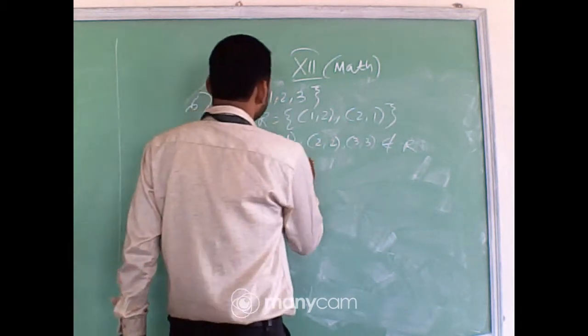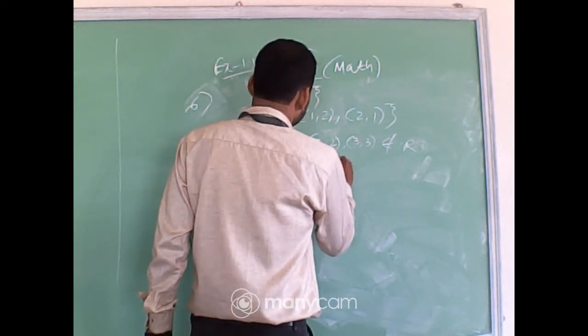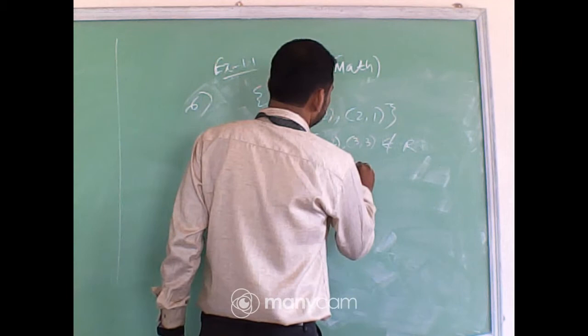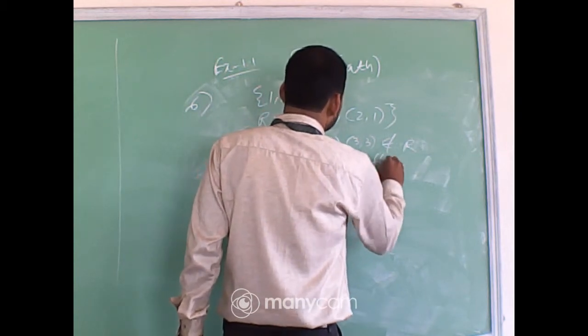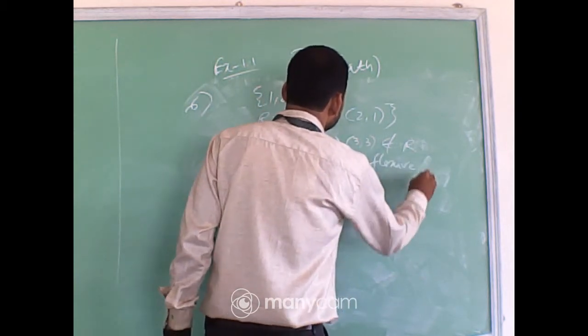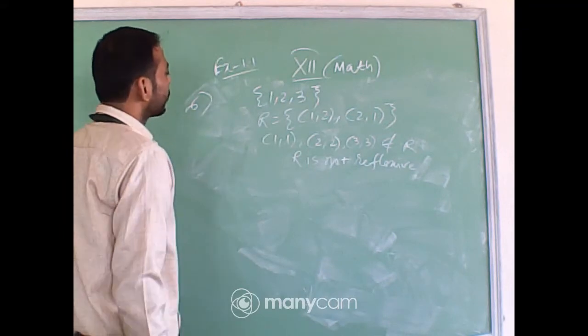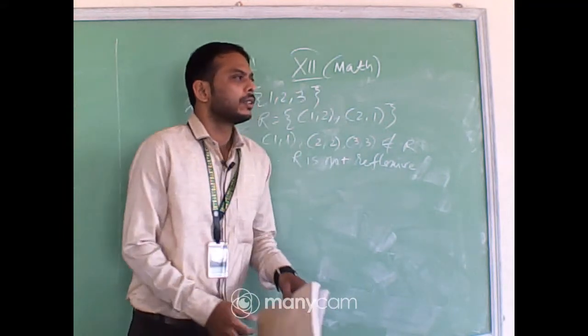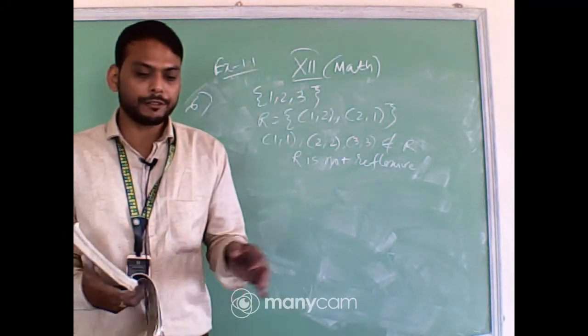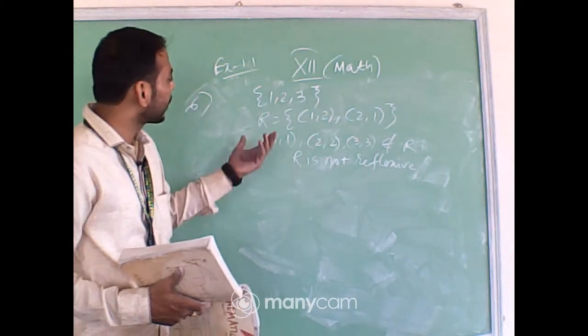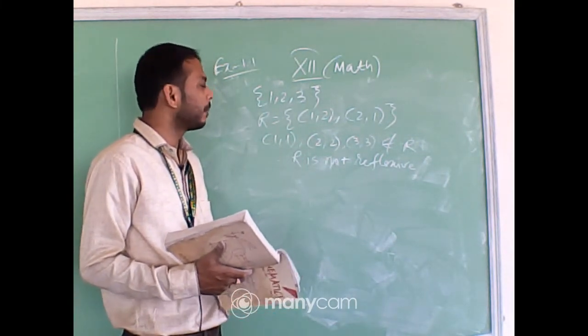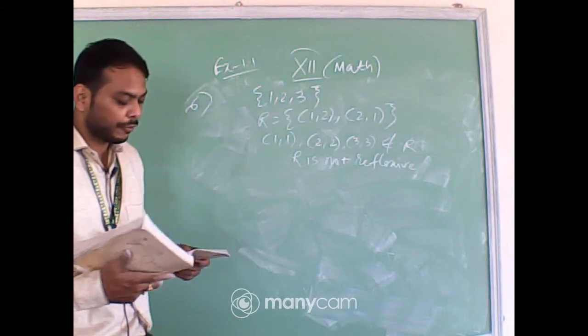So R is not reflexive. There exists no ordered pair of the same elements. That's why it is not reflexive.